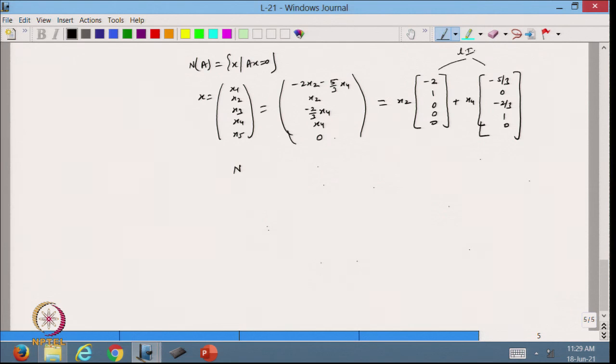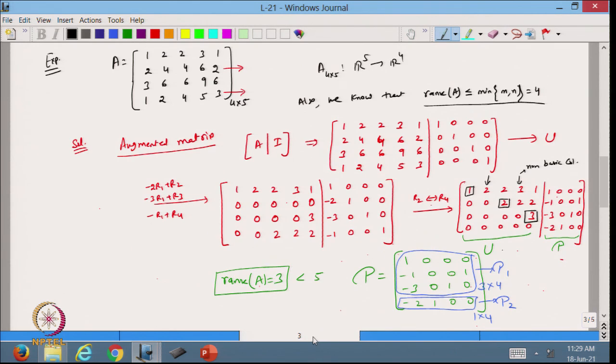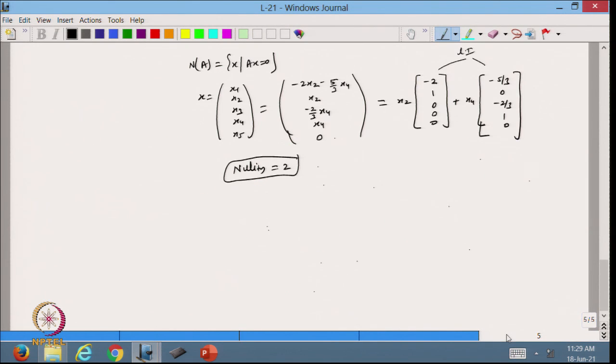You can check with this one. So, the nullity in this case is 2, and you can also verify from here that the rank was 3 in this case, and from here it was R5. So, nullity is 2, rank is 3, and from here you can say that 2 plus 3 is 5.